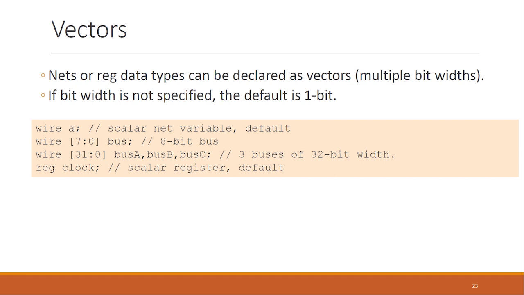So here we are declaring a bus. And if you want to declare 3 buses, each of which are 32 bits, then you can use the third example: wire [31:0] bus A, bus B, bus C. So with this you can create 3 buses, each of which are 32 bits in width.